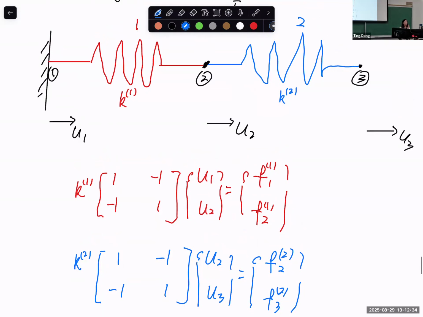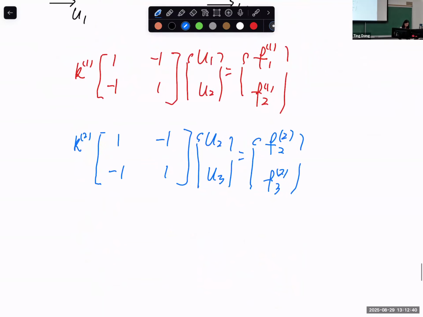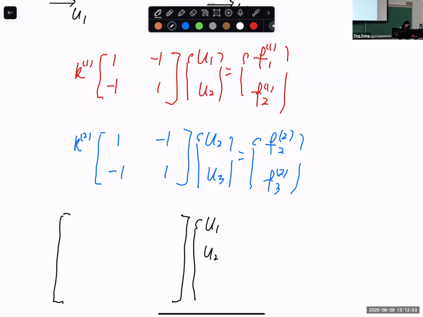The K should be 3 by 3. Make sense? And vector Q should also be a vector of 3 components. So we should have a 3 by 3 K matrix. And this system has 3 nodes. Each node has U1, U2, U3.